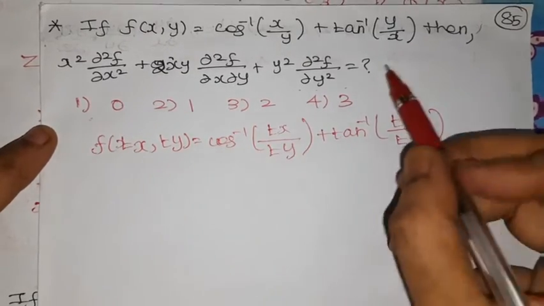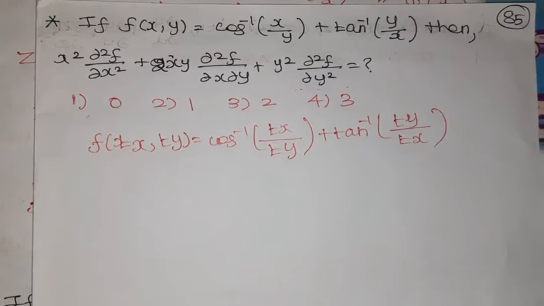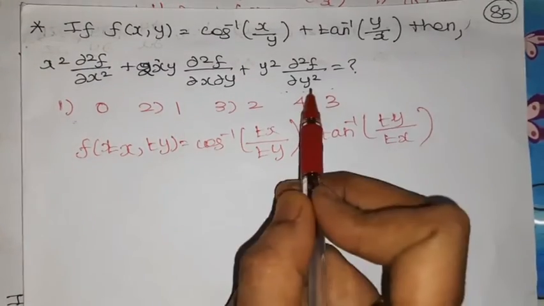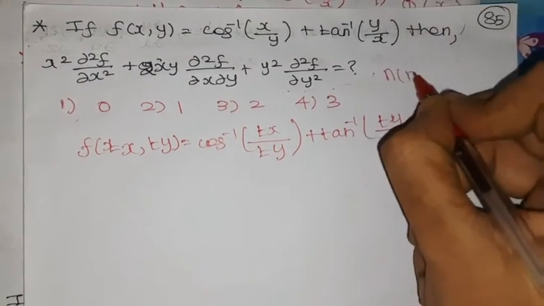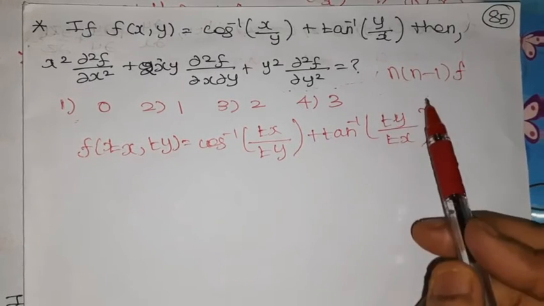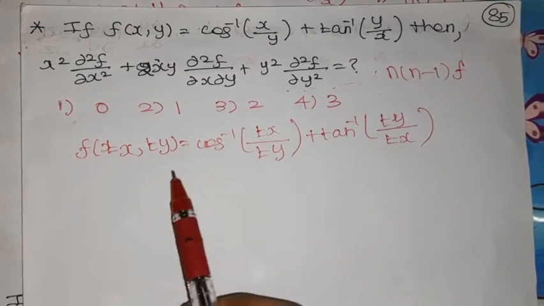So we have to find the degree n, then we will substitute that n into n minus 1. For this, what is the result? N into n minus 1 into f. So for that we need to find out the degree. We need to check the homogeneity.